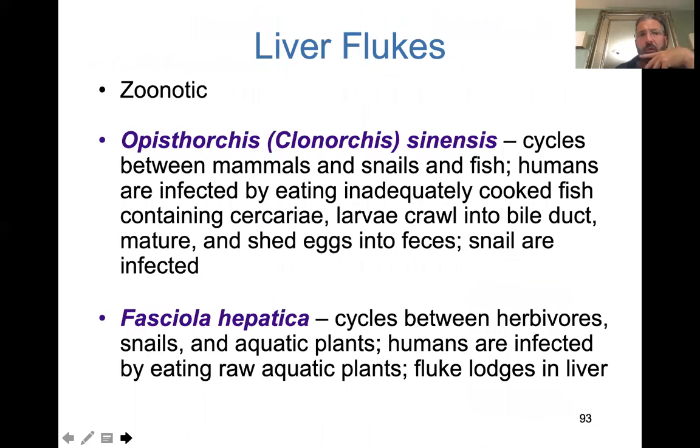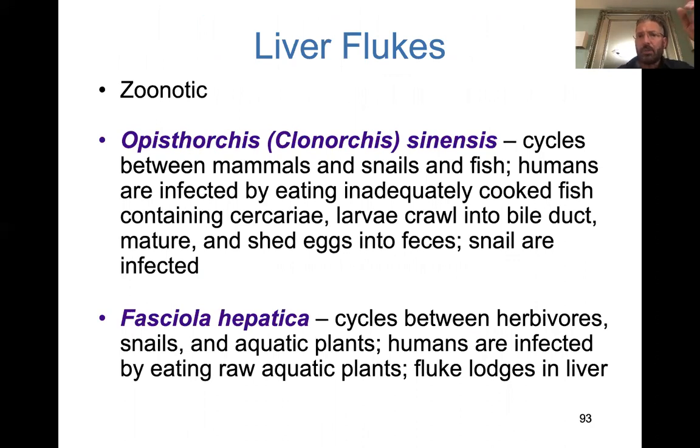Okay, so liver flukes cycle between mammals, snails, and fish. Humans are infected by eating inadequately cooked fish containing the eggs and larvae. Larvae crawl into the bile duct, mature, and release eggs in feces. Snails are infected. This is where you get Chinese liver flukes from eating sushi or whatever.